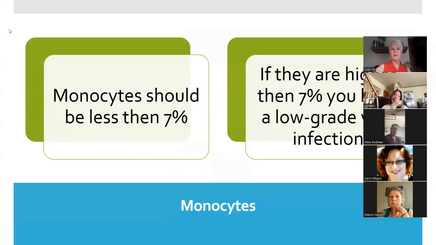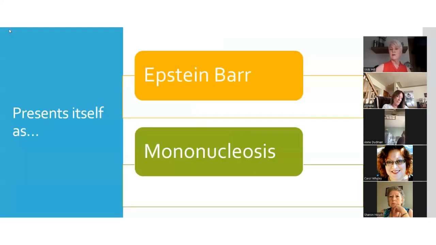The next marker is monocytes. Monocytes should be at 7%. Again, this is an indicator of a viral infection. Anything greater than 7%. These can lead to the same thing, chronic fatigue and autoimmune diseases. Generally speaking, with monocytes, it presents with a specific viral infection, and that's Epstein-Barr mononucleosis.